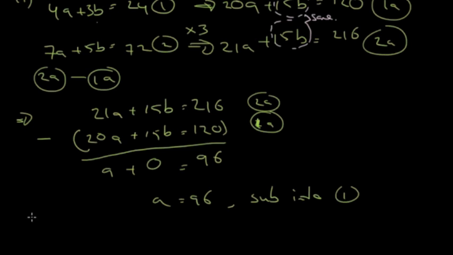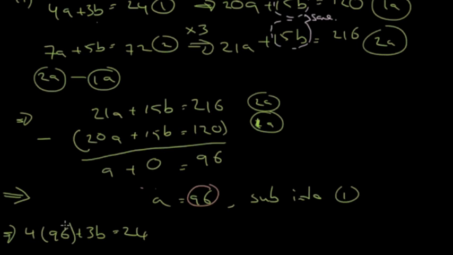And so we've got 4 times, which gives us, this is kind of like a gives us sign that ends up looking quite messy. 4 times 96 plus 3b equals 24. So that's when we sub our 96 there into there.